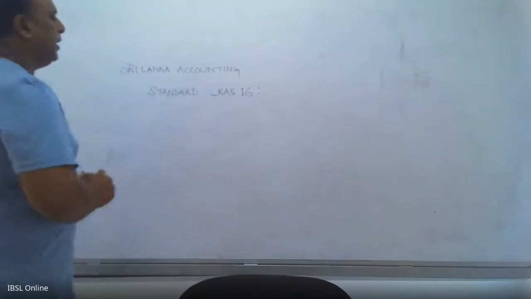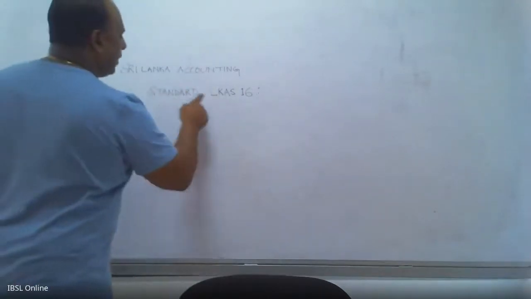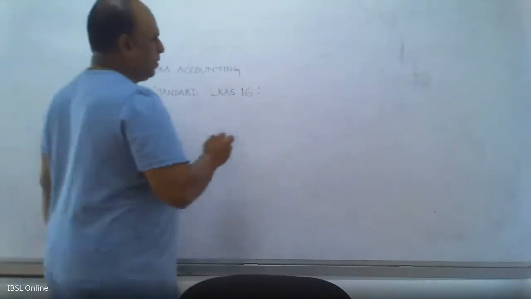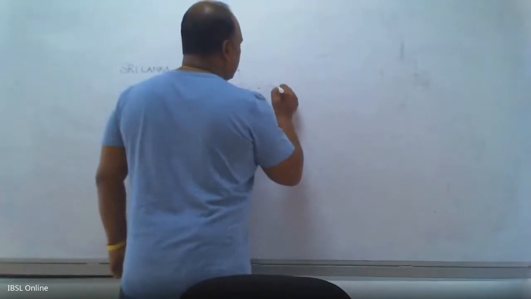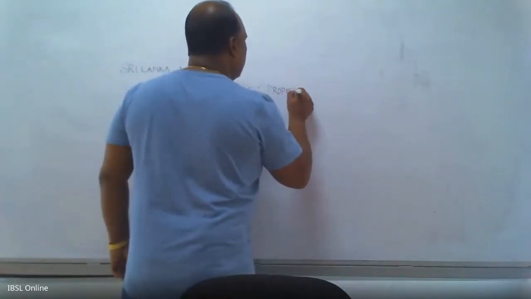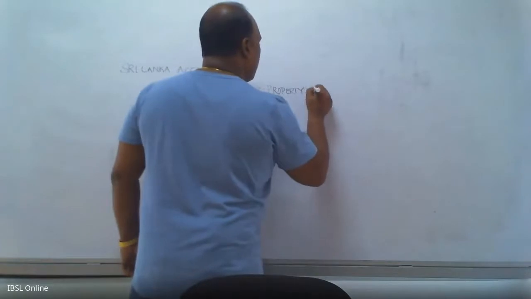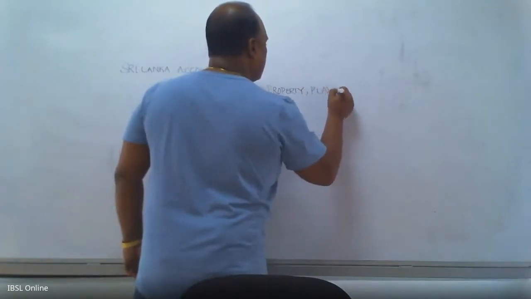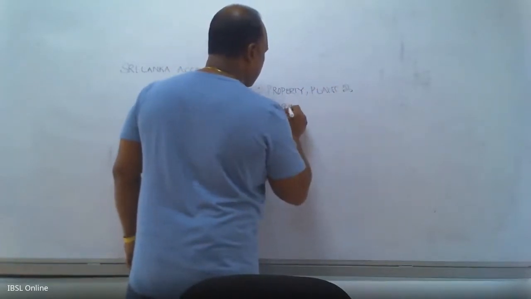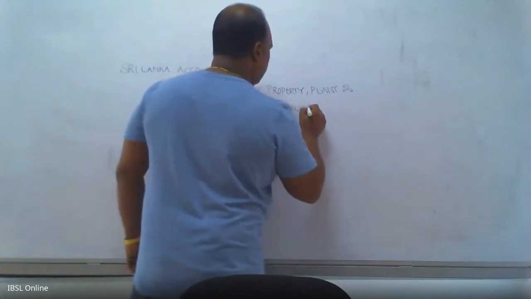So this is how you write it: Sri Lanka Accounting Standard LKAS 16, and the name of the standard is Property, Plant, and Equipment.